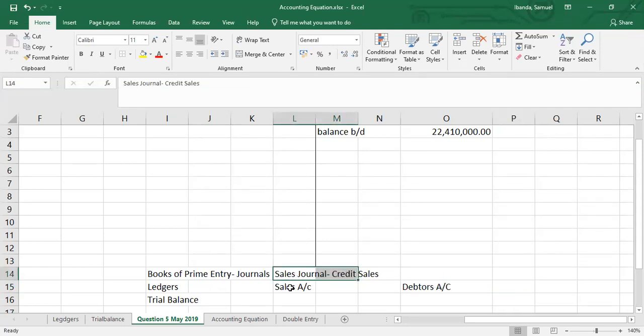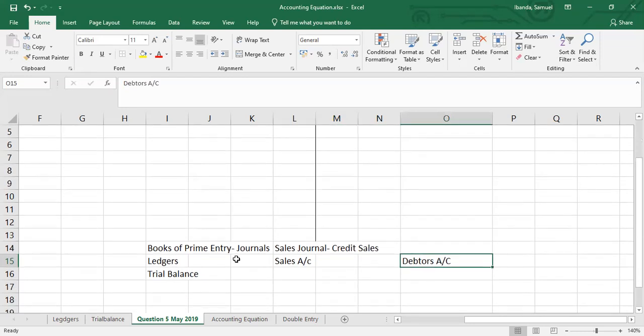We also took the same value to our trial balance, less 6.5. Remember, when sales are increasing, we credit them. Debtors, or accounts receivable, are current assets, and when assets are increasing, we debit them.